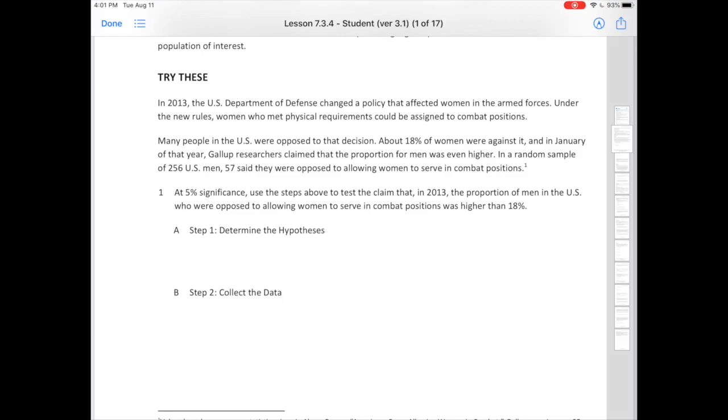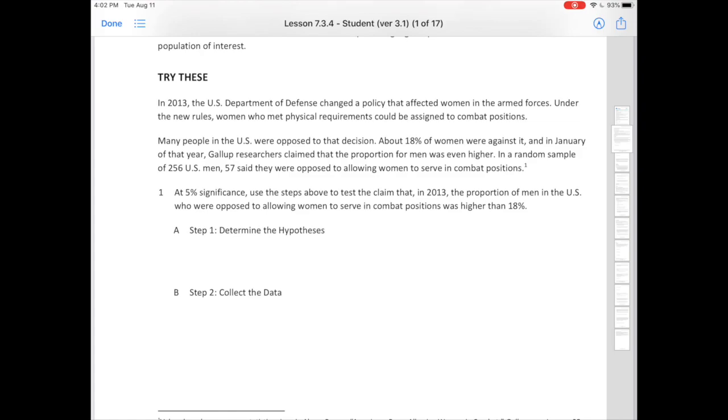About 18% of women were against it, and in January of that year, Gallup researchers claimed that the proportion for men was even higher. In a random sample of 256 U.S. men, 57 said they were opposed to allowing women to serve in combat positions.